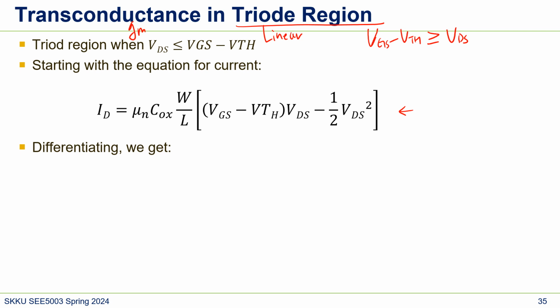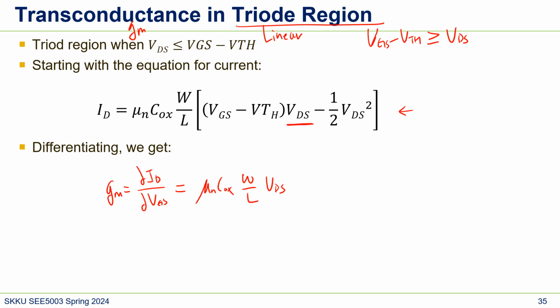GM, the definition is the same: differentiate ID over VGS, and this would be mu n COX W over L and VDS, right? Yes, it is, because VDS is here.